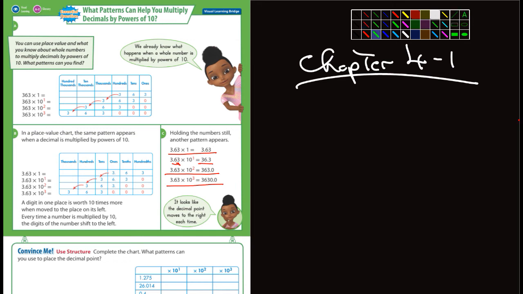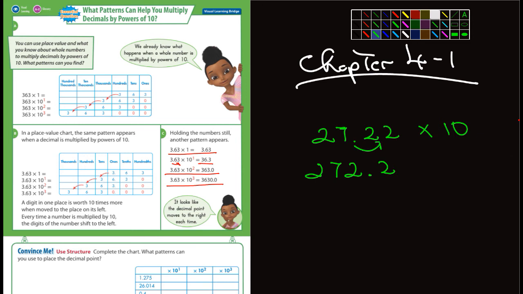What if I had 27.22, and I was to multiply that by 10. So that's going to be 272.2. You can see that I moved the decimal one place.